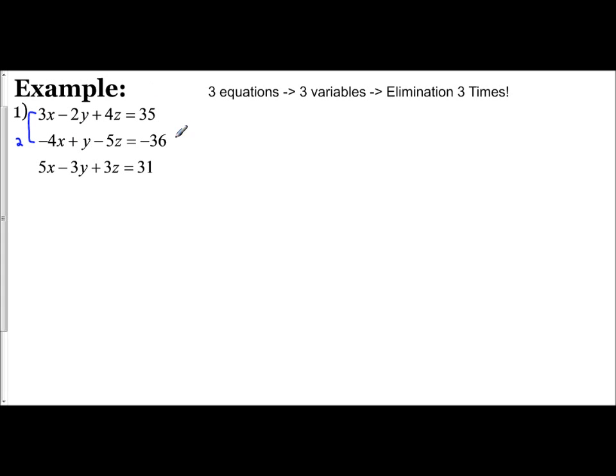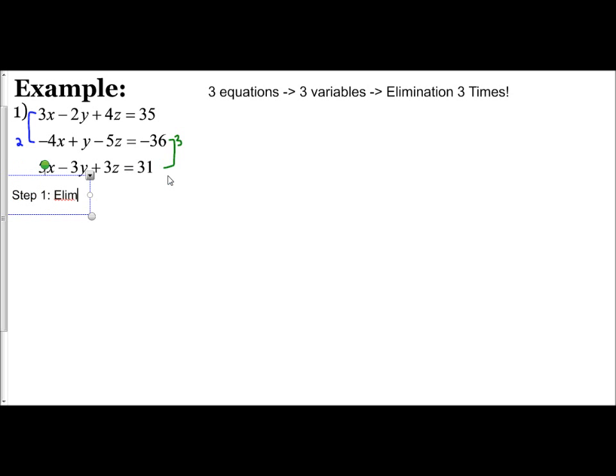If I want to pair up the middle equation and bottom equation to eliminate y, I'd only have to multiply the middle one by 3. And so there's very little multiplication. It's by small numbers. So that's how I'm going to pair them up. I'm going to choose to eliminate the y by pairing up the first and second and the second and third equations. So we'll call this step 1.